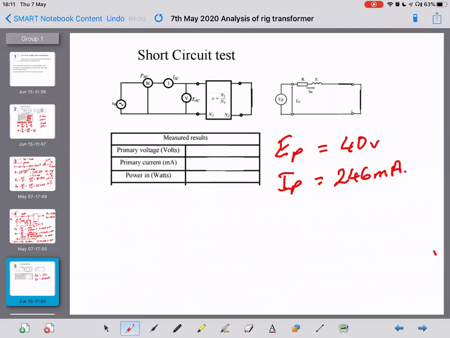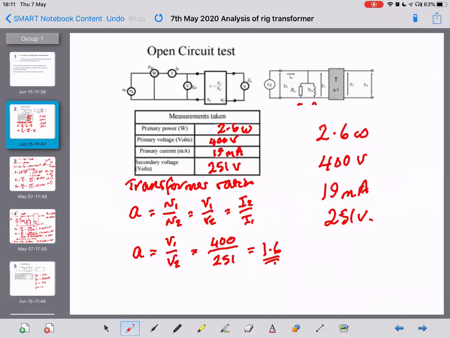And the power was 7 watts. The other data that we need from the previous bit was that A is equal to 1.6, wasn't it? Yeah, 1.6.